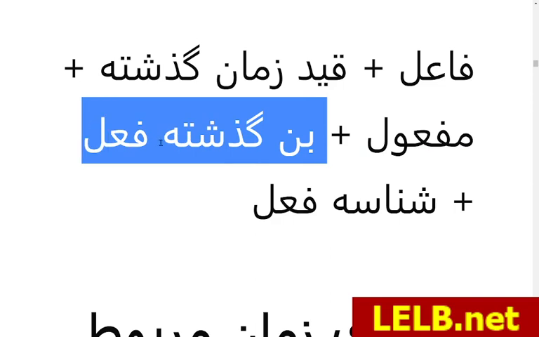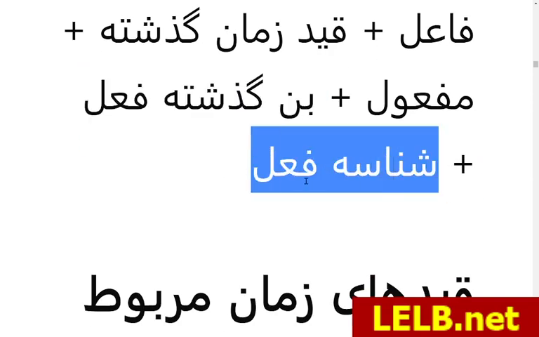if the verb requires that, or if the verb is transitive, by the way, so it's not obligatory. بن گذشته فعل, the past root of the principal verb, بن گذشته. So this part is really problematic. بن گذشته, past root of the verb, plus شناسه فعل, or actually the inflectional part of the verb, which does not exist in English in a marked way.